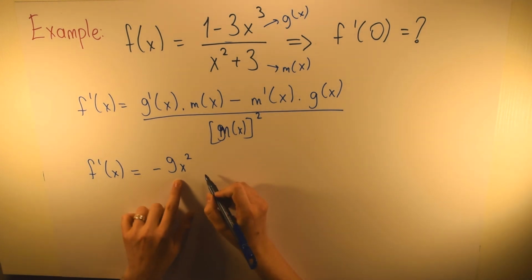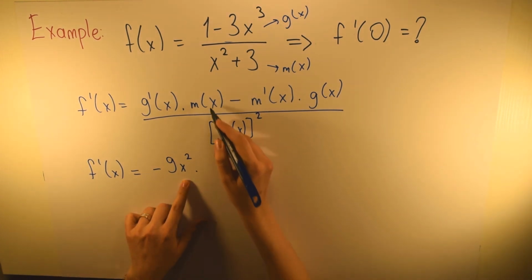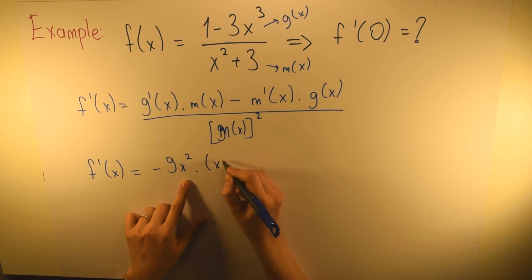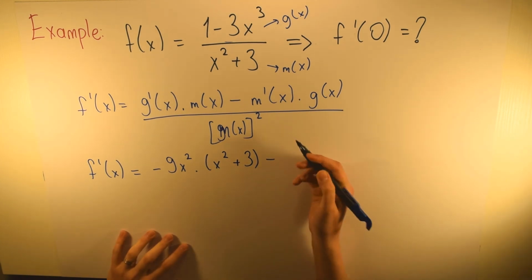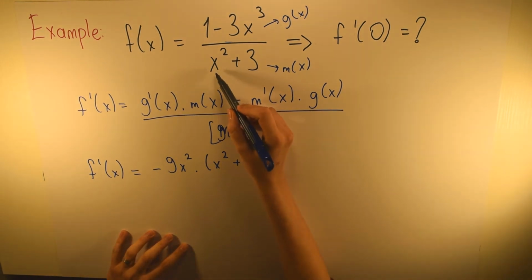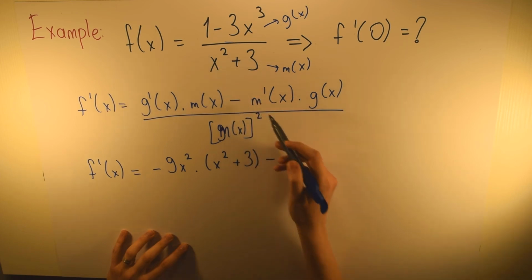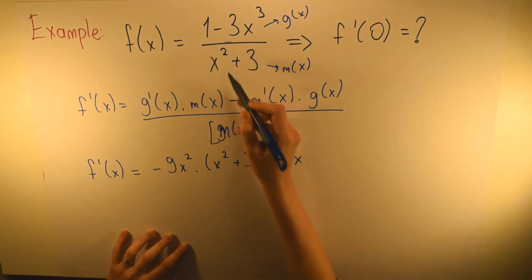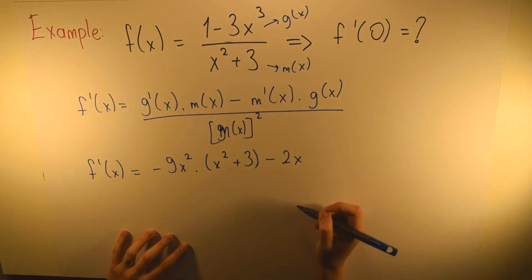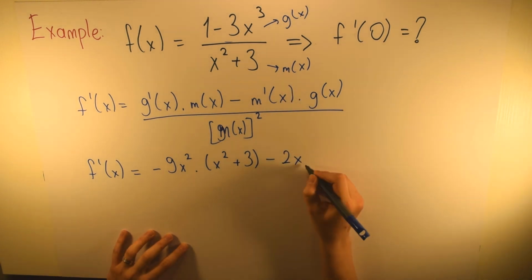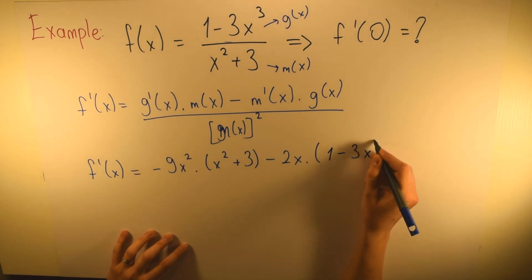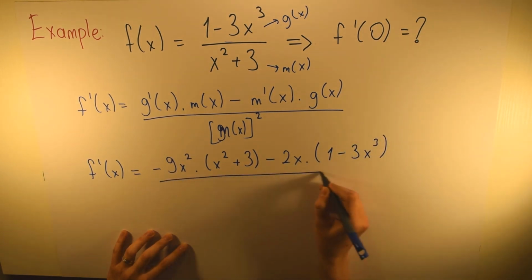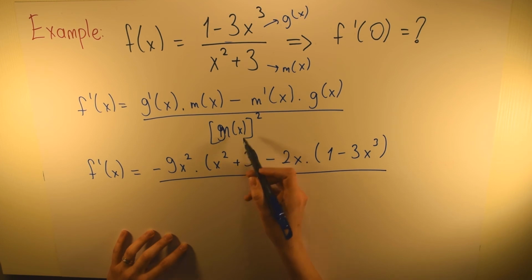So it's minus 9x squared times m of x, which is equal to x squared plus 3, okay, minus, here we have the derivative of m of x. It is equal to 2x, right? We have here x squared, it's 2x, and 3, since it's a constant, it's equal to 0, times the numerator, which is equal to 1 minus 3x cubed, over m of x squared.